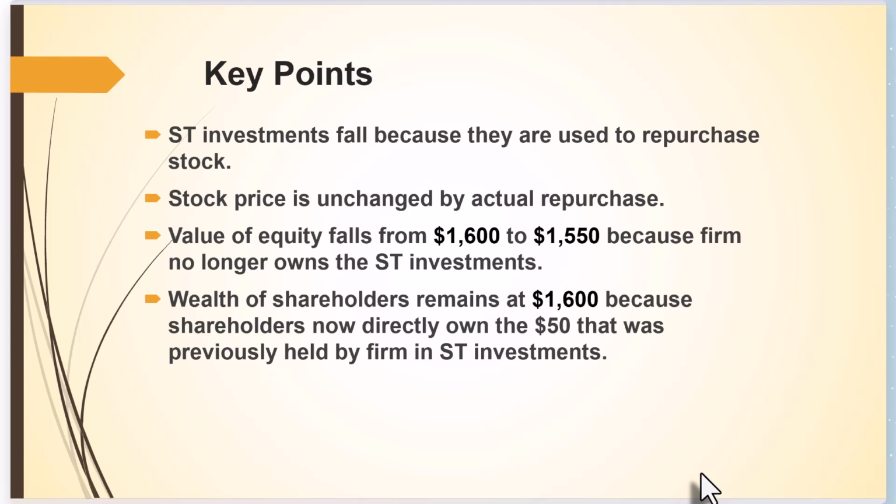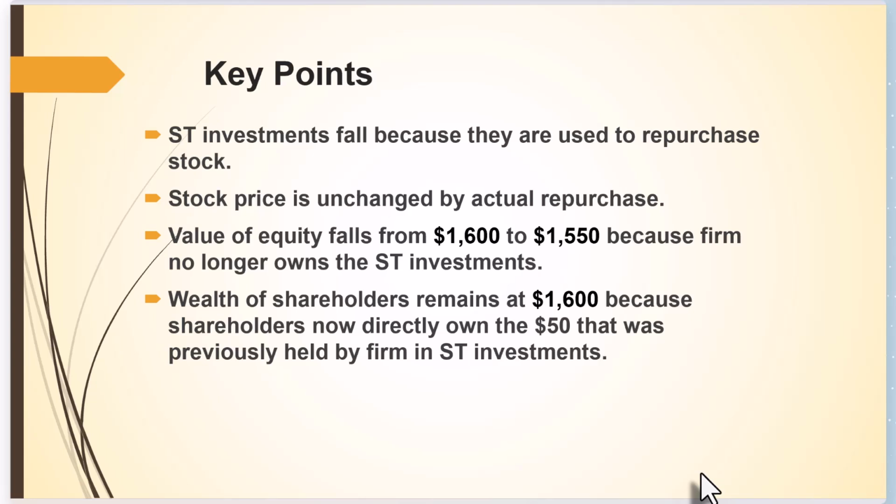So what are the key points? Short-term investments fall because they're used to repurchase. The stock price is unchanged by the actual repurchase. The value of equity falls from 1,600 to 1,550 because it no longer has the short-term investments.